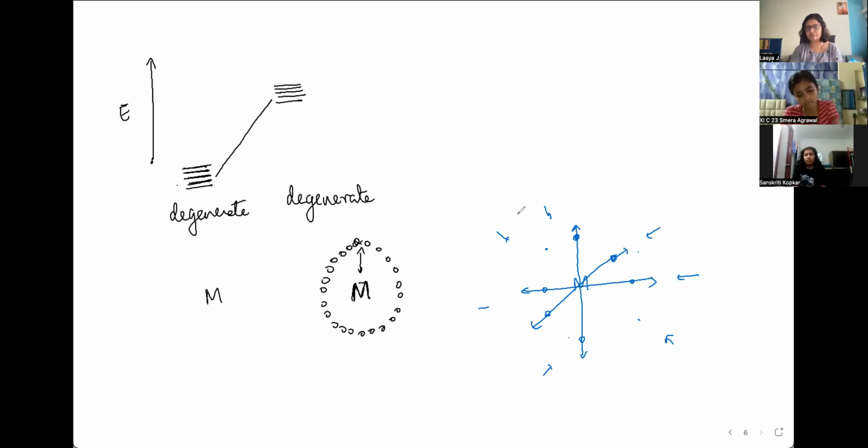So because we have 2 different cases, whether ligands are octahedral or tetrahedral, we'll also discuss this whole theory as 2 different cases, octahedral or tetrahedral. Okay.